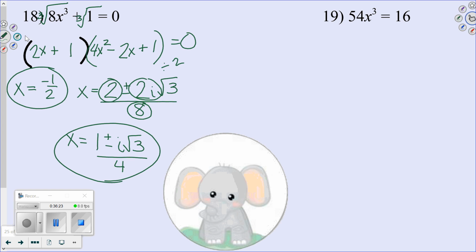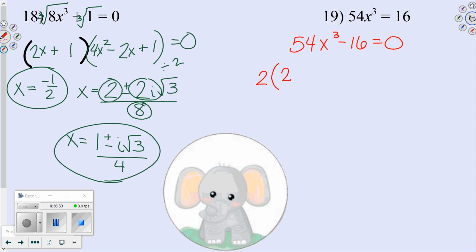All right, take a look at 19. Let's do this last one real quick, guys. So what do you have to do first on 19? Set it equal to 0. So I set it equal to 0. What's the next thing you always look for? GCF, which is? 4 doesn't go into 54. 2.